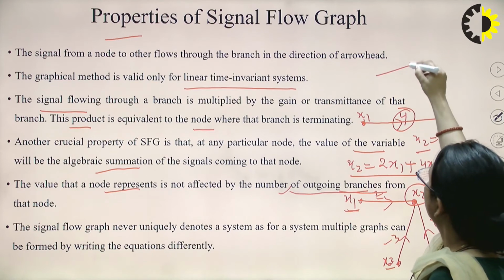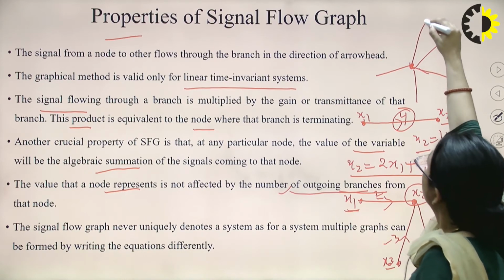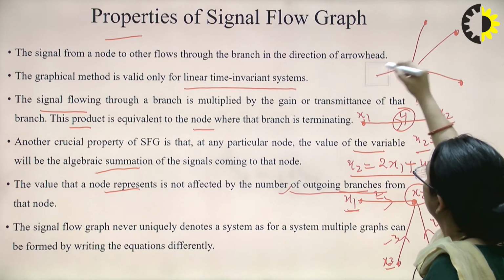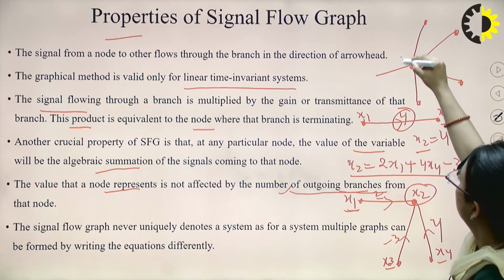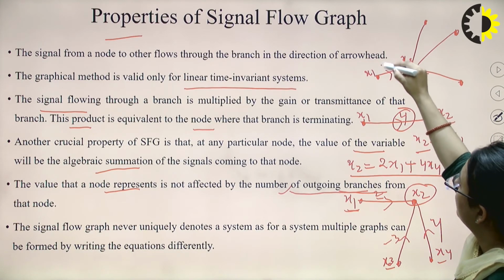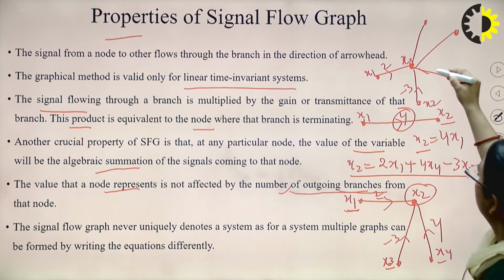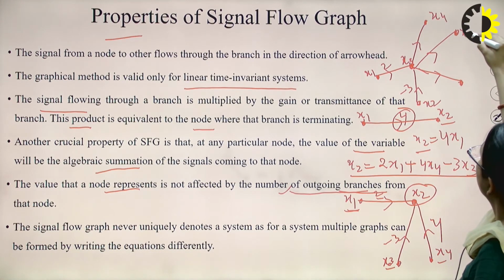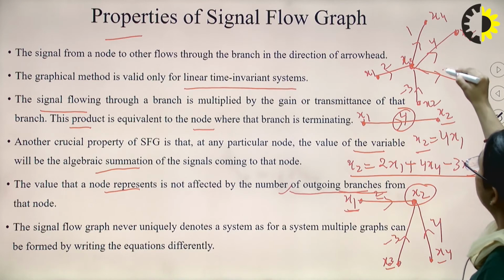Say we have a node x3 with incoming signals from x1 with gain 2 and from x2 with gain -3, and outgoing signals from x3 to x4, x5 and x6 with gains 1, 4 and 3.